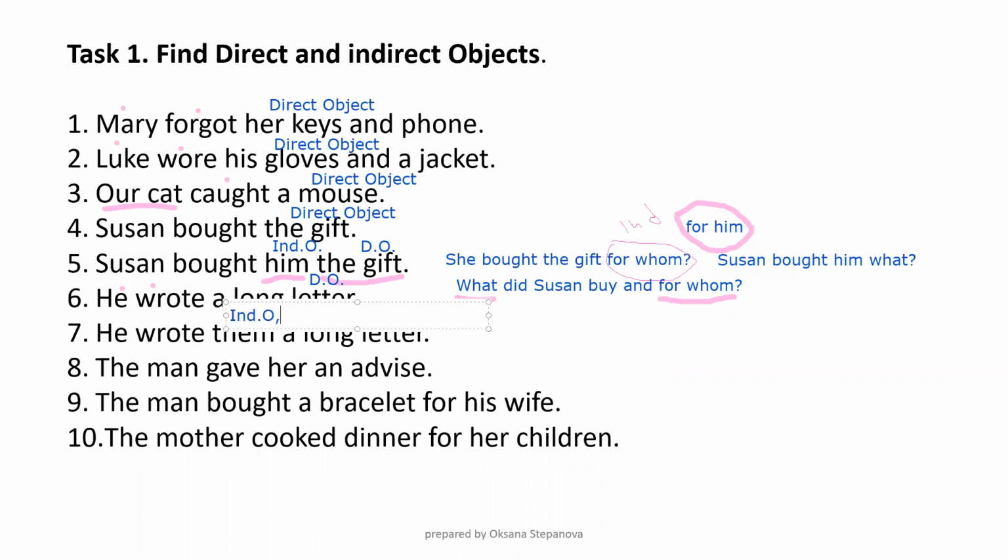So we have here an indirect object, right? For indirect object, we are going to ask for whom. In this case, it is for them.